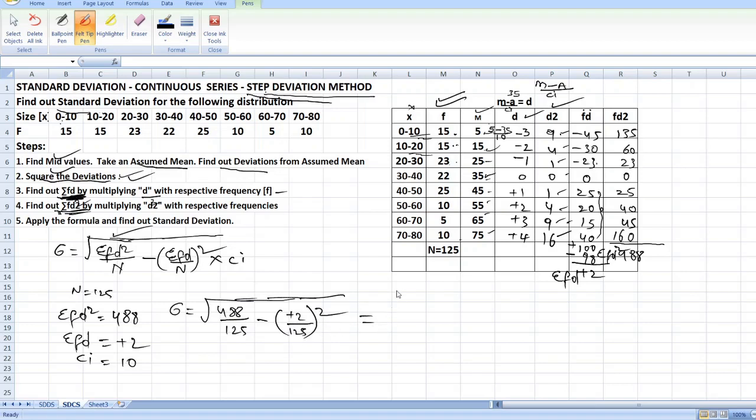When you divide 488 with 125, you get 3.904. When you divide 2 with 125, you get 0.016.